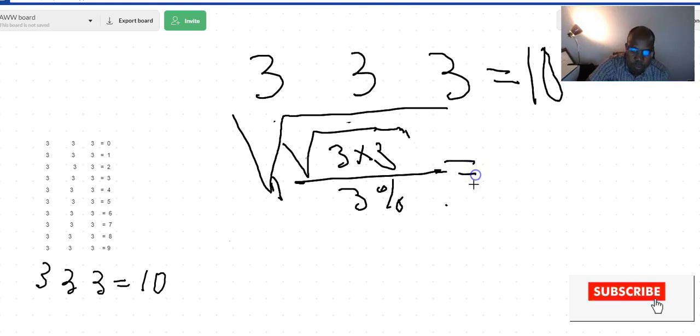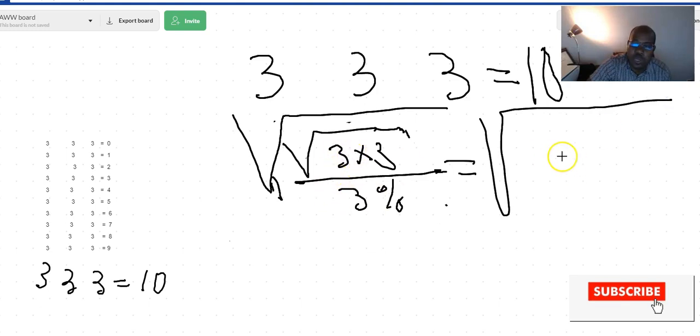Let's understand. So first of all, the first square root gonna give me 3, right? I'm gonna have 3 over 3%, right? What that means, so try to do 3 over 3%. You can use your calculator.